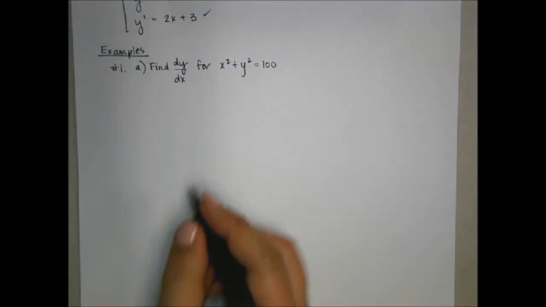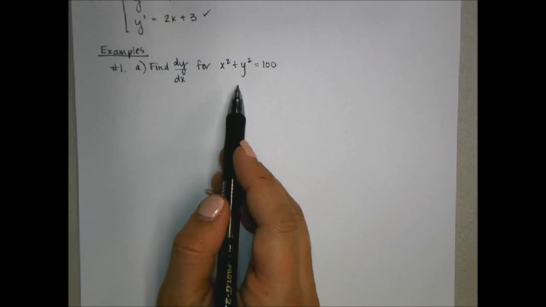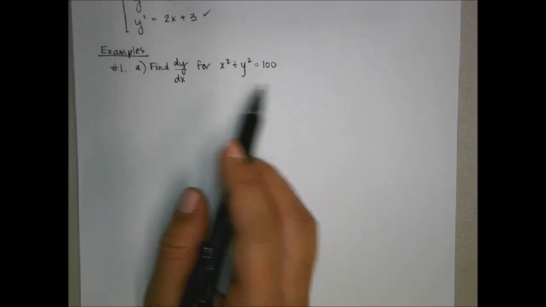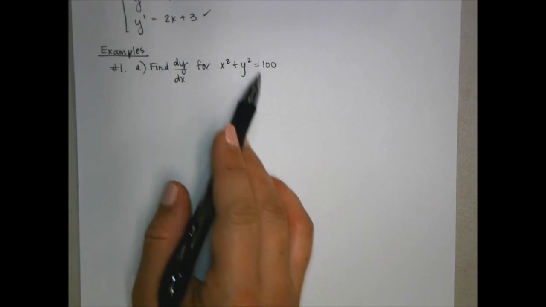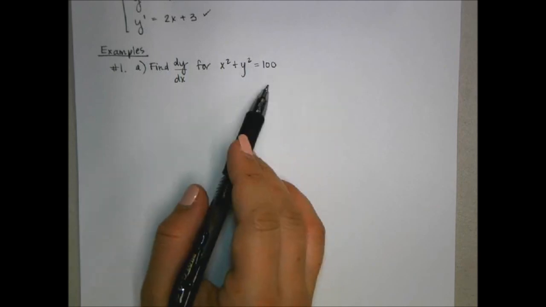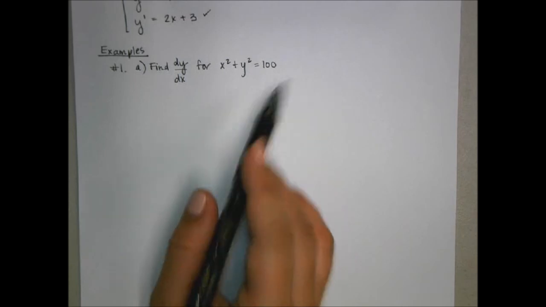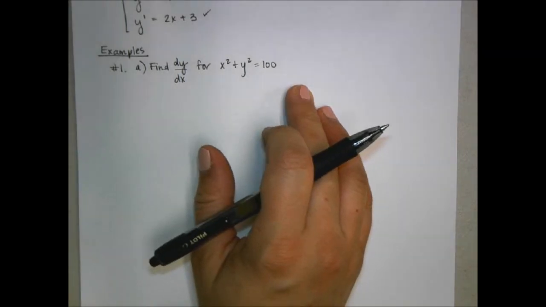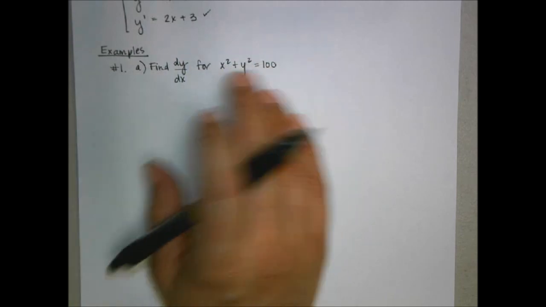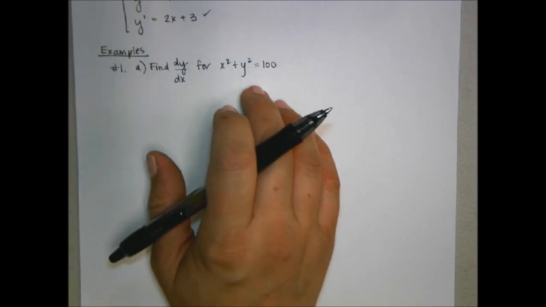Instead of having to get y by itself, which would require us to subtract x squared, square root both sides, and end up with y equals plus or minus the square root of 100 minus x squared, and then having to take the derivative, it's actually much nicer to leave it this way, where we're kind of mixed up and don't have y by itself, and take the derivative here.